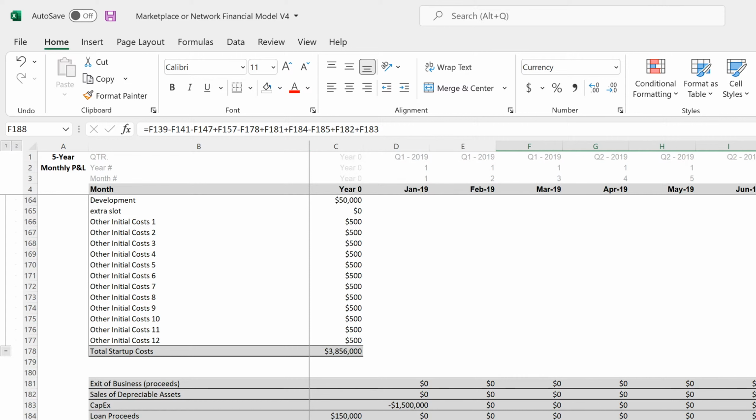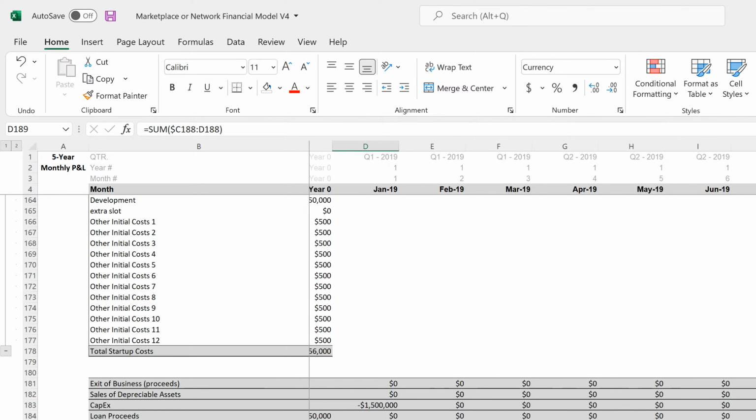Okay, now you can see we're actually up to 5 million in required equity after this 1.5 CapEx came in. Now I believe we have everything. Let's do a quick check.